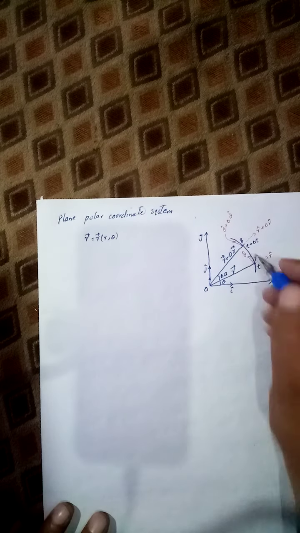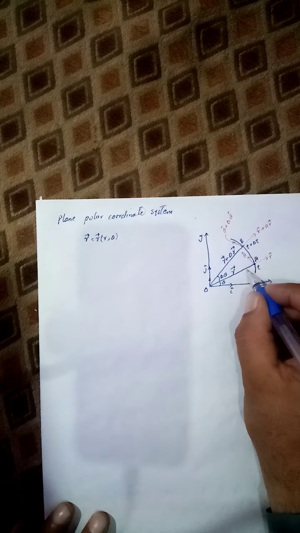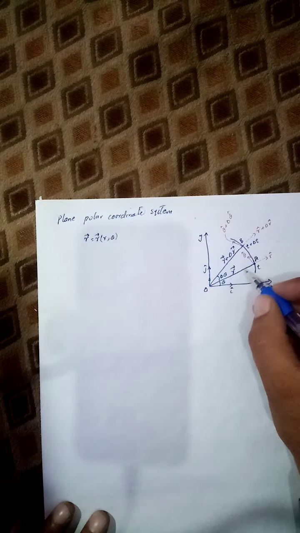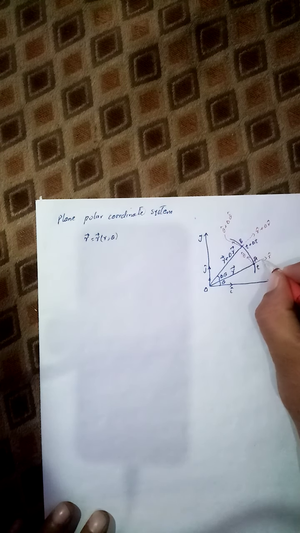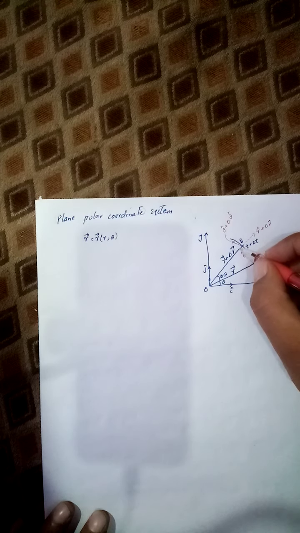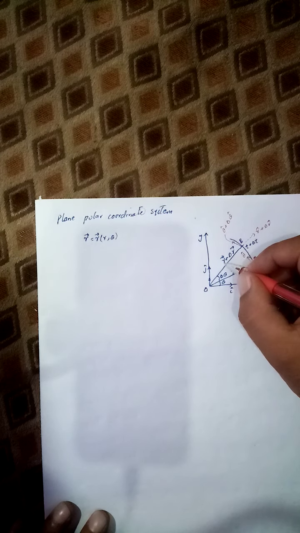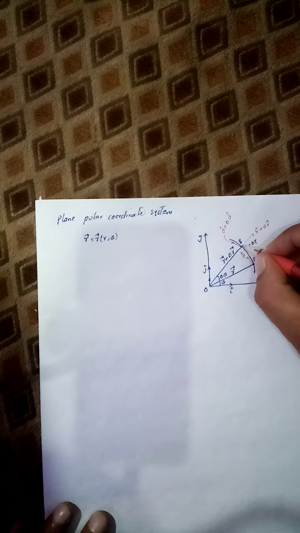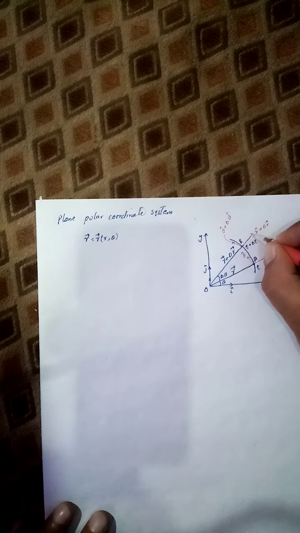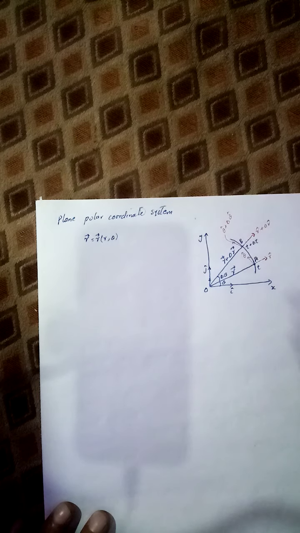At point A, the position vector is r and the unit vector along the direction of the position vector is this one, r cap. While at point B, the position vector is r plus delta r, while the unit vector in the direction of this position vector is r cap plus delta r cap.